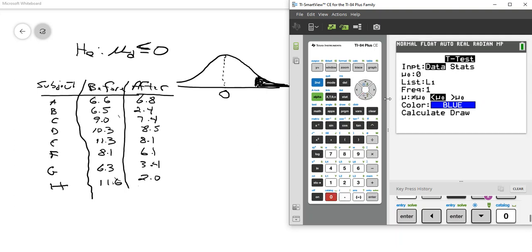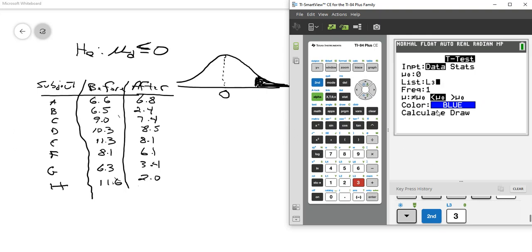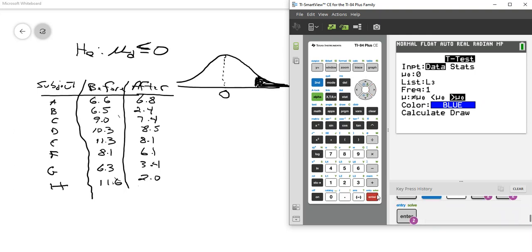Right there, 0. And then the list is L3, right? Now we're running a right tail test. Yep, it's over on the right. There's the right shaded part, right? Okay, and then we can get down and calculate.